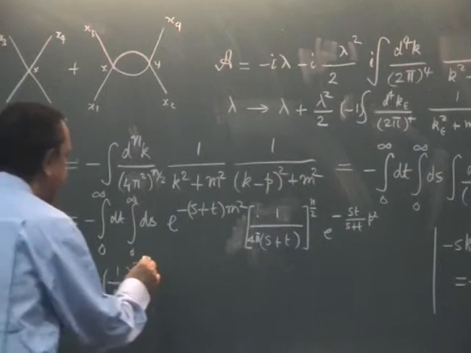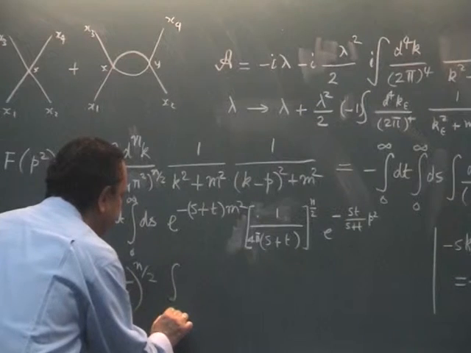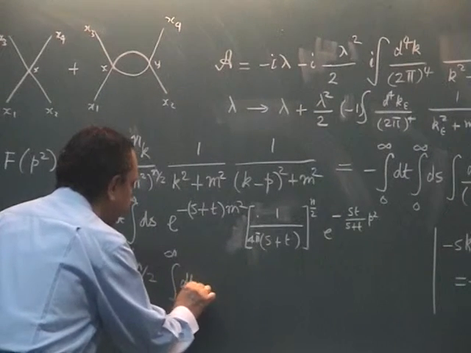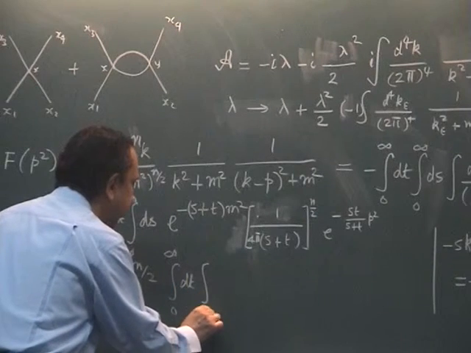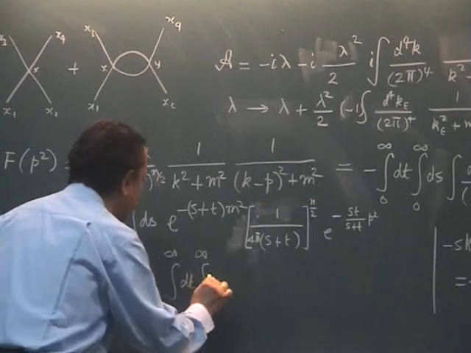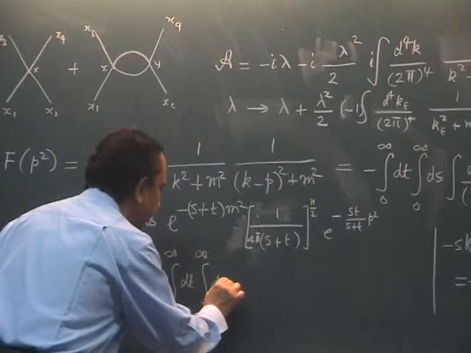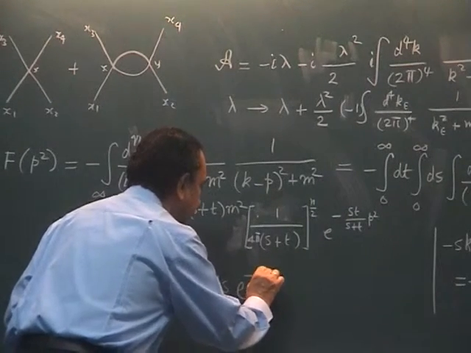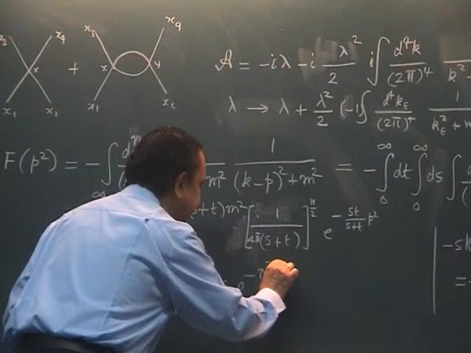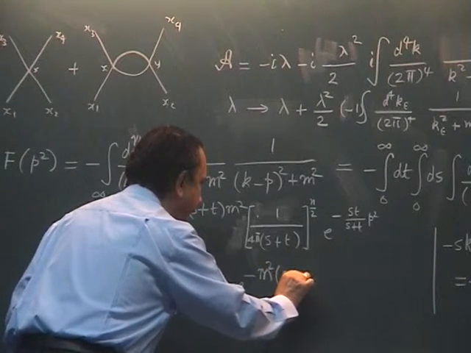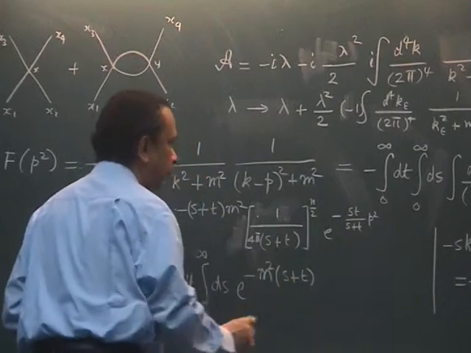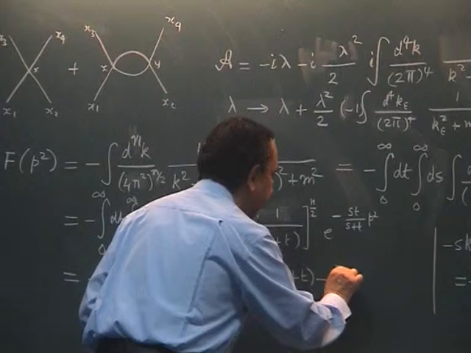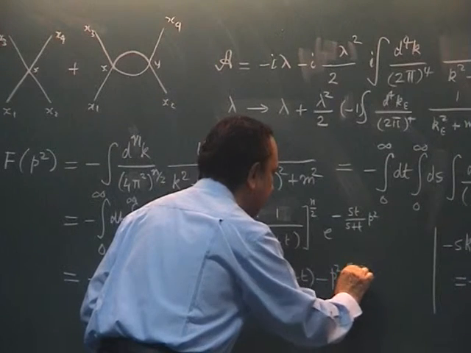Then you have to do an integration over 0 to infinity dt, 0 to infinity ds, e to the minus m square (s plus t) minus p square st upon (s plus t).